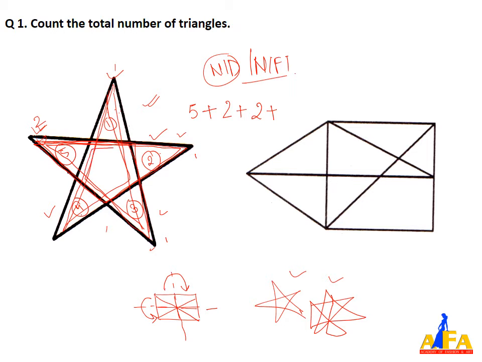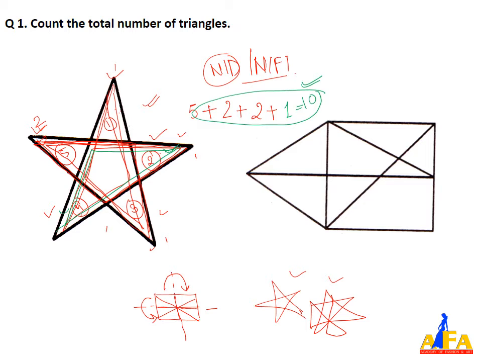Or you can take another color, so this can be taken as a triangle. So 5 plus 2 plus 2 plus 1, because these have already been taken up by the other triangles. So the total number of triangles is 10. So 10 is the right answer for this question.